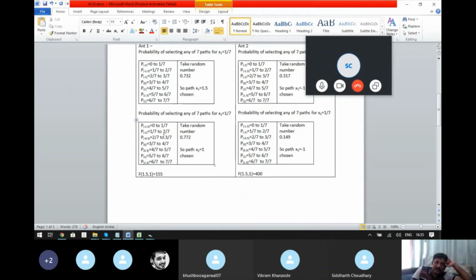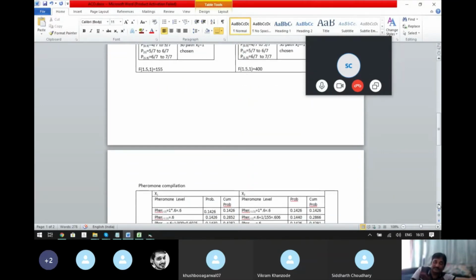On the path traversed by ant 2, that was x1 equal to -1 and x2 equal to -1, pheromone in the quantity 1 by 400 is deposited. The already existing pheromone on all these paths is 0.6, since 40% has evaporated. So we will be doing pheromone recomputation.